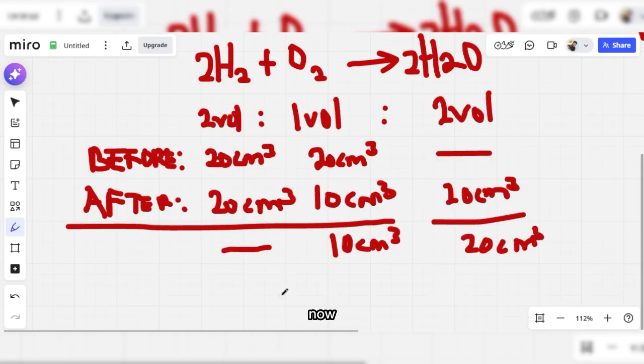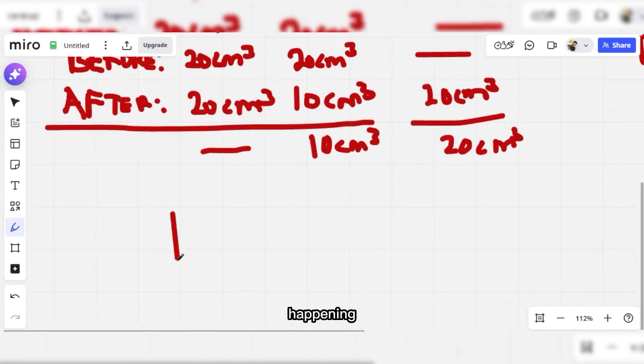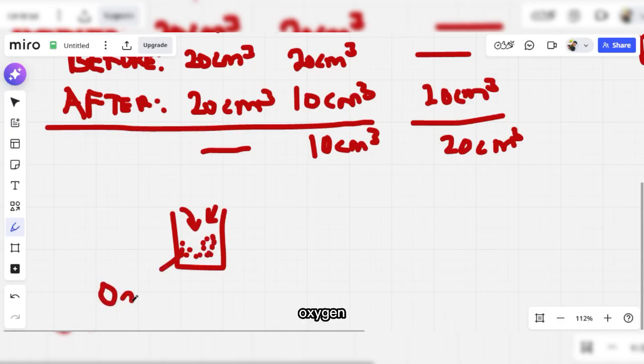So in this reaction now, if this is happening in a particular cup or a particular beaker, our hydrogen has reacted with our oxygen, and we realize that all the hydrogen has reacted, but some oxygen is remaining, and it has formed water as well. So in our reaction jar now, we have the excess oxygen and the water formed.